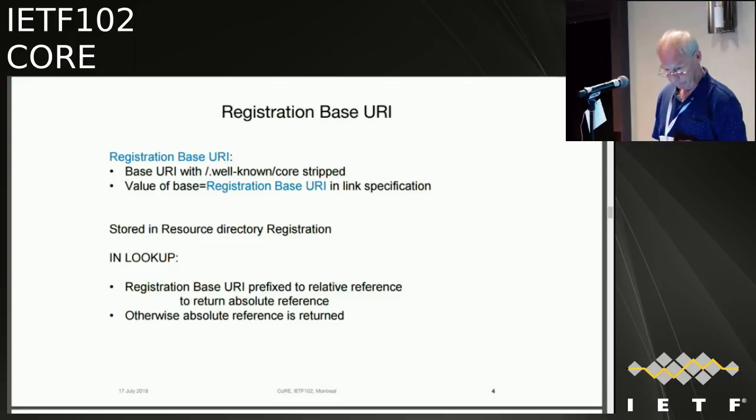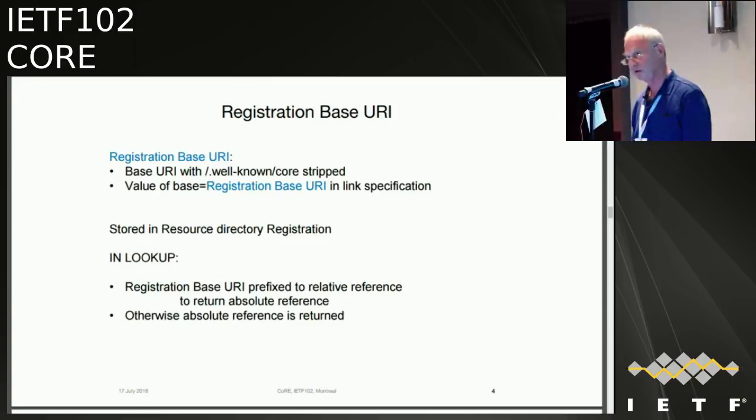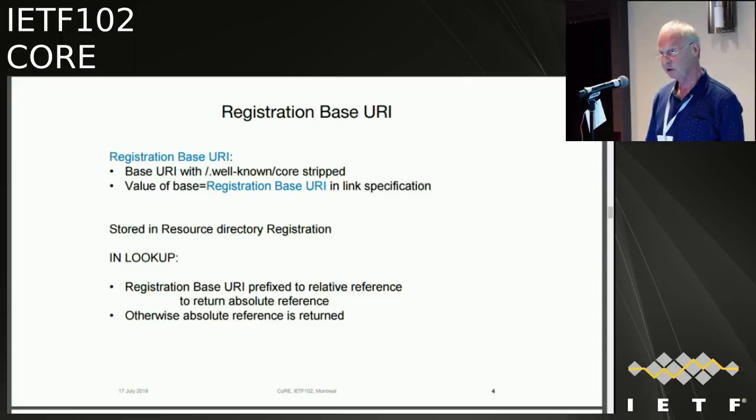So that one is stored in the resource directory, the registration base URI, and in the lookup, it is prefixed to the relative reference, and then you get the URI out, and otherwise you get an absolute reference returned if there was an absolute reference there.